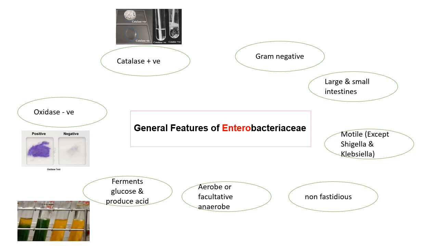You can do it on the slide or in the tube, but the reaction will be similar, and you see the bubbles when it is positive. The other characteristic is that all of them are non-encapsulated except Klebsiella. So all of them do not have a capsule, but only Klebsiella, which is an Enterobacteriaceae, has a capsule. So these are very important characteristics that apply to all.